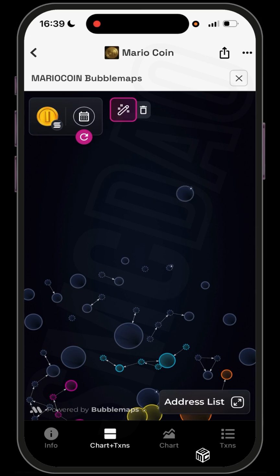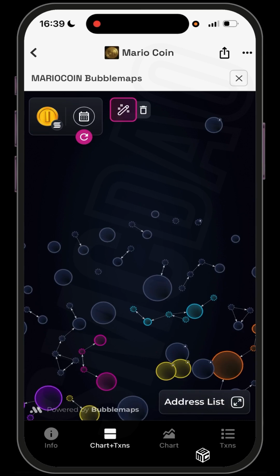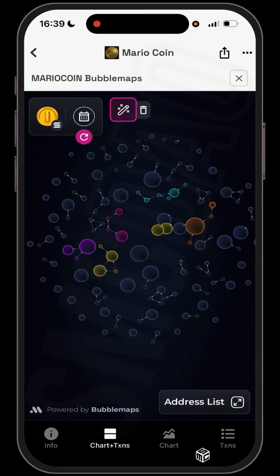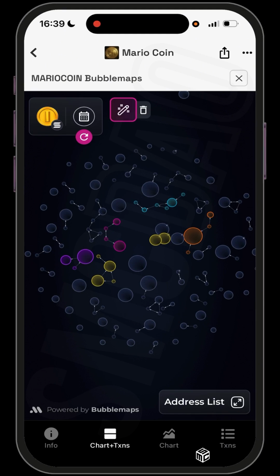So what Bubblemaps does is help you check tokens and know what you're investing in. It's more of a fun way of getting into tokens than using your Dex Screener alone, because through bubbles you're able to see what's going on.